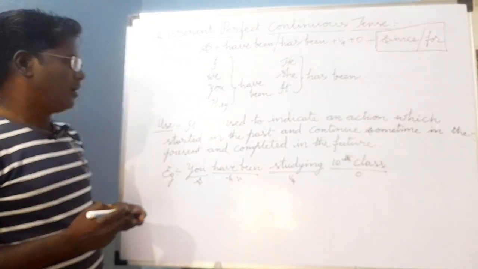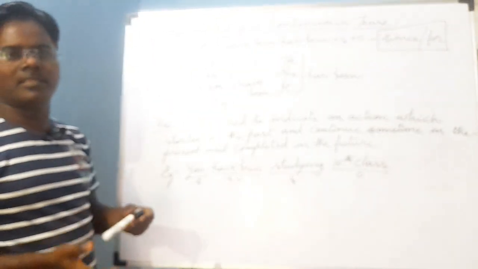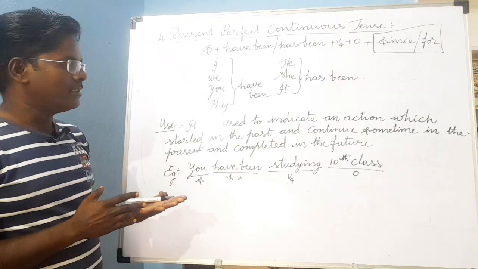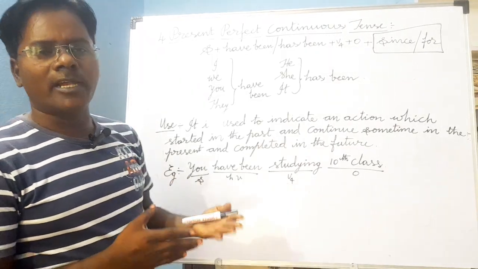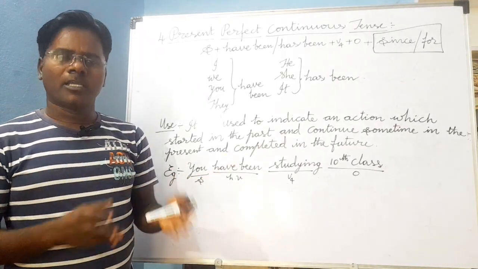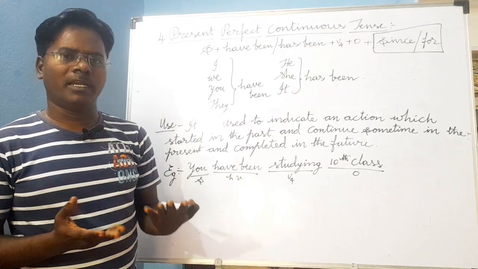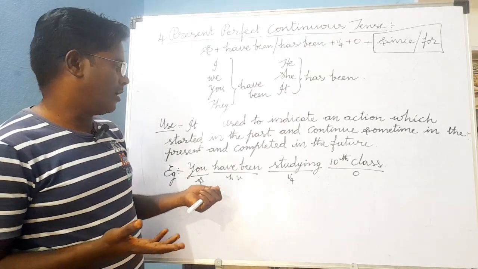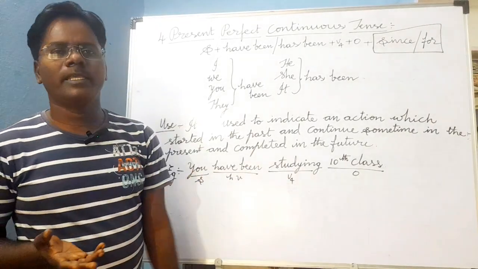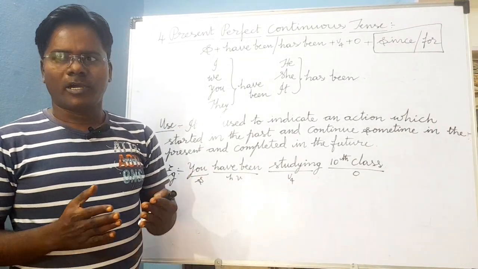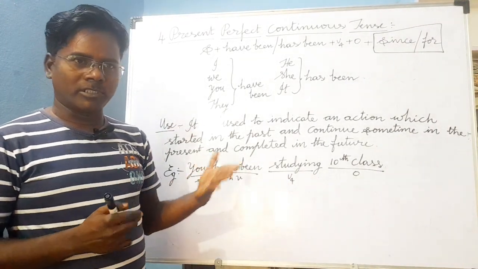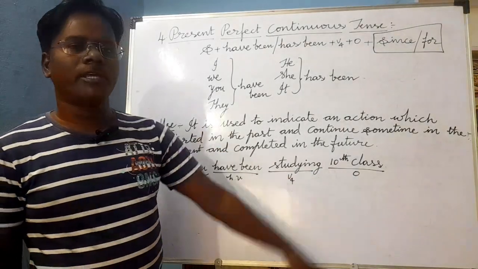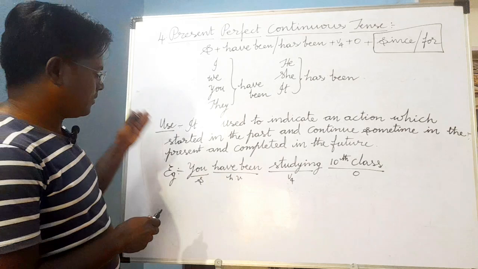Here, we started 10th class in June, and then we continue for some months, like 8 or 9 months. After that, we'll complete this 10th class. So the action starts in the past, continues in the present, and completes in the future.